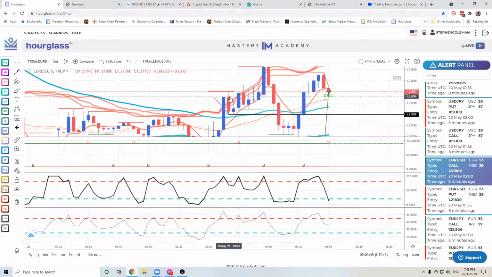A red candle means that price has been dropping. So the start of the candle started right here. It went up a little bit, as you can tell by the wick, and then it came down, down, down, and it came down to this level and rejected, and then it came up here, and then of course the 5-minute timer expired, so we started a new candle. These are 5-minute candles, so it starts a new candle every 5 minutes.